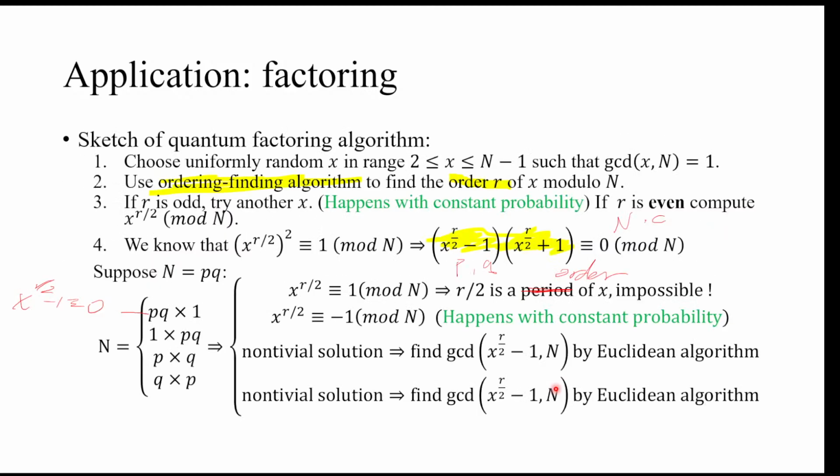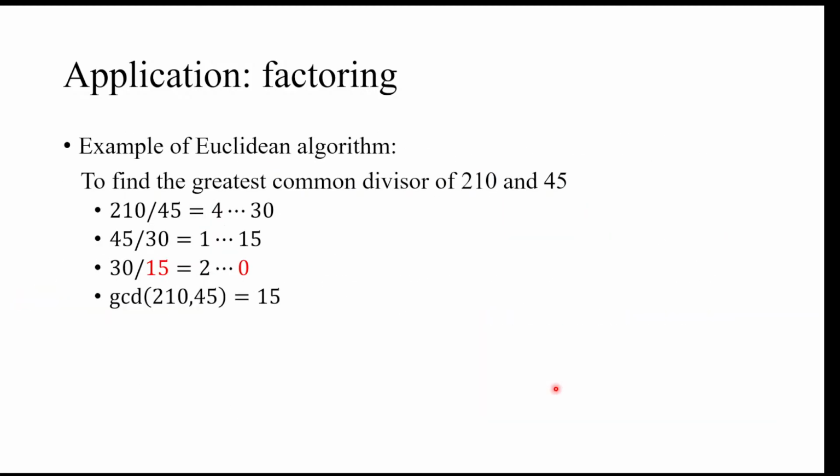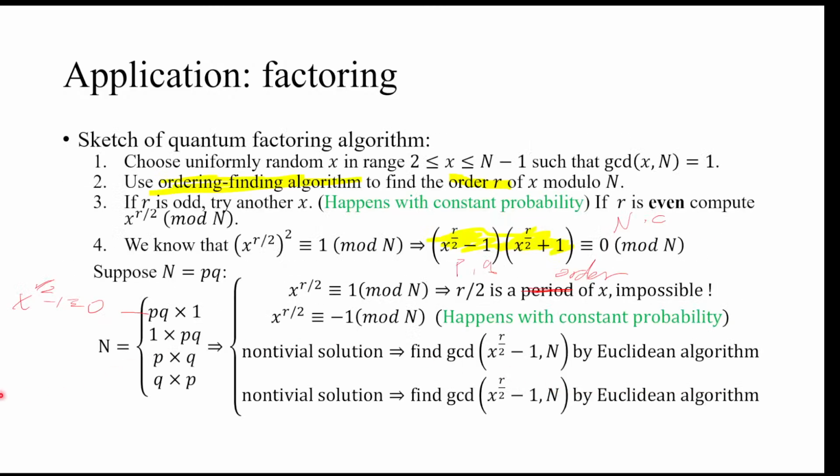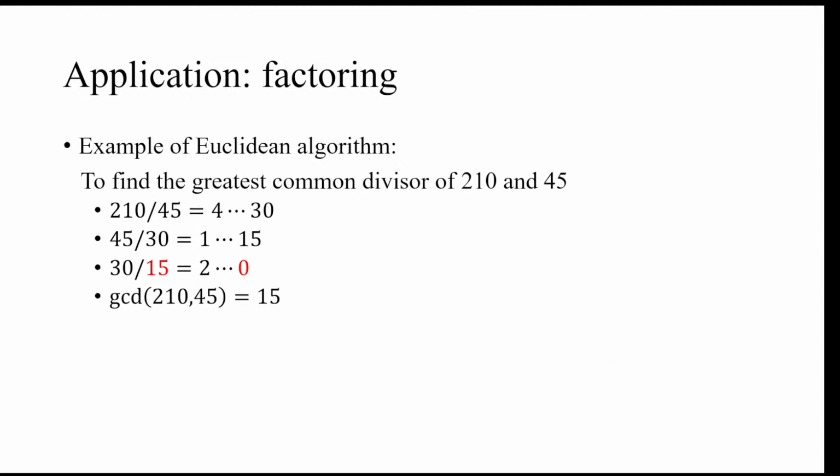So this is about a bit of factoring. We are talking about a small part of the factoring algorithm, and the next slide is about how we find this GCD.